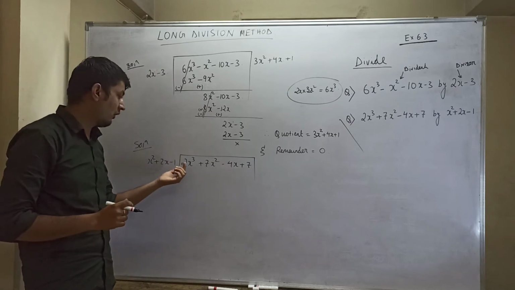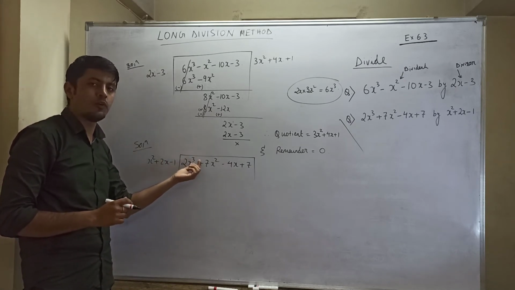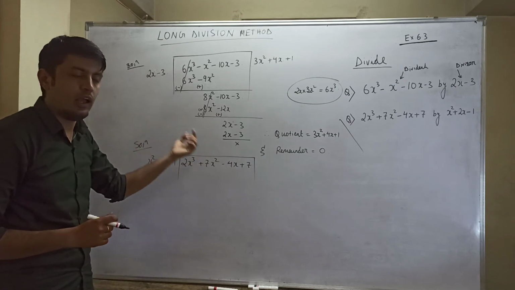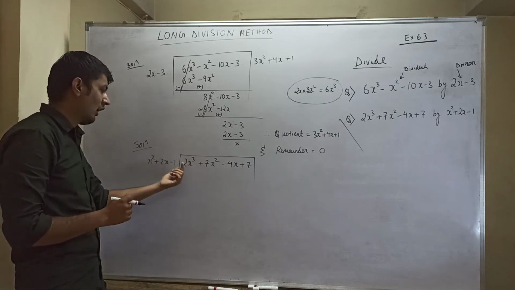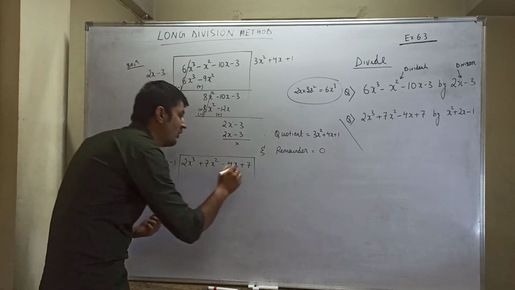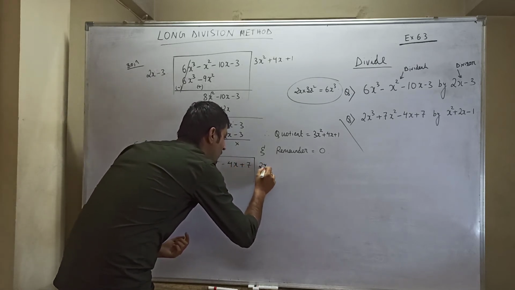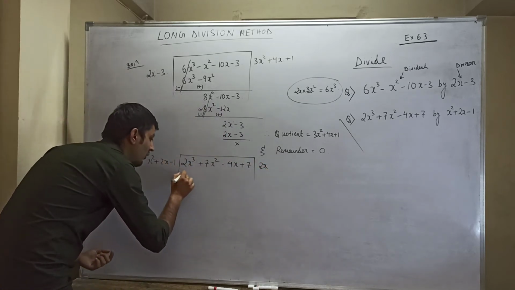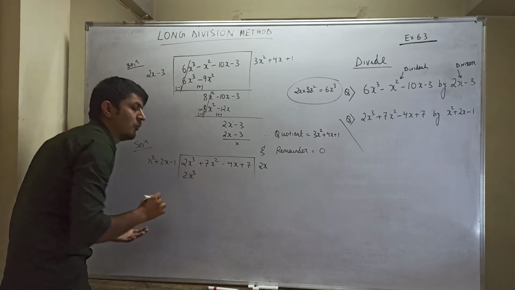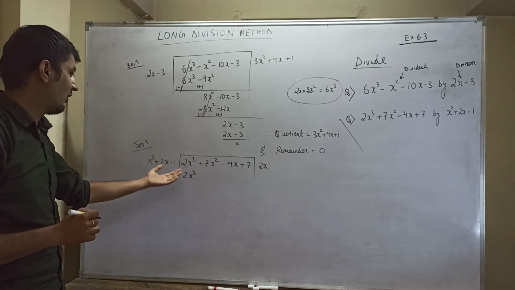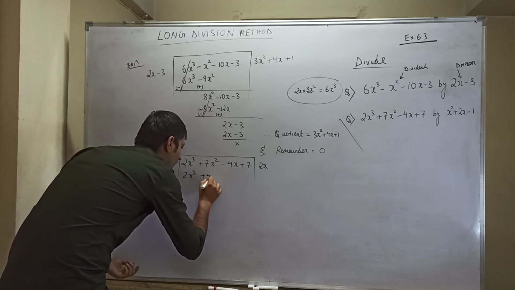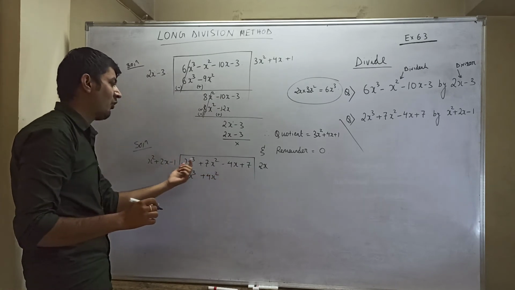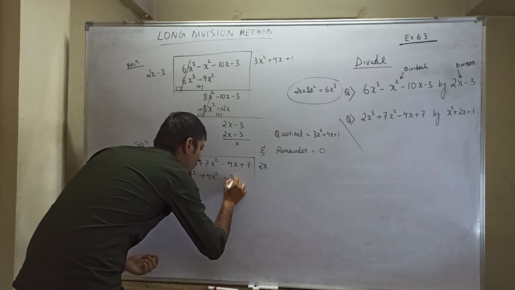Now see, if you look here, I have to get x cubed. And here x squared is given, so you do x times, and moreover you have to get 2, so you do 2x times. 2x into x squared will become 2x cubed, okay? Then 2x into 2x will become 4x squared, then minus 1 into 2x will become minus 2x.